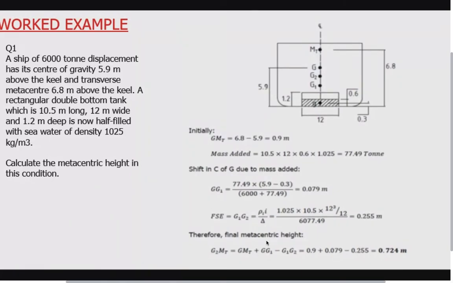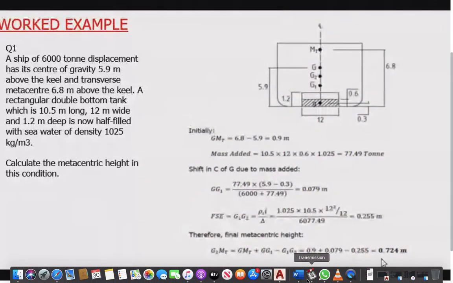KMT, when we were doing initial stability, was equal to KB plus BMT. And GMT was equal to KG plus BMT? All right. We said that KMT was equal to KB plus BMT, and GMT plus KG. Yes.